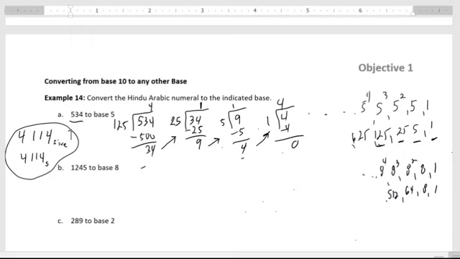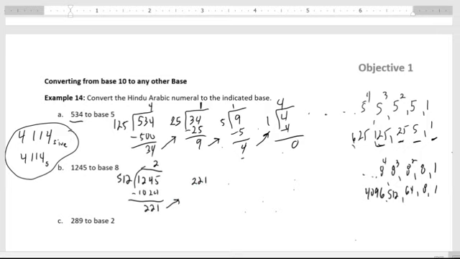And 8 to the 4th power is 4,096. So we can divide 1,245 by 512. And that's going to go in 2 times. 512 times 2 is 1,024. If we subtract, we end up with 221.